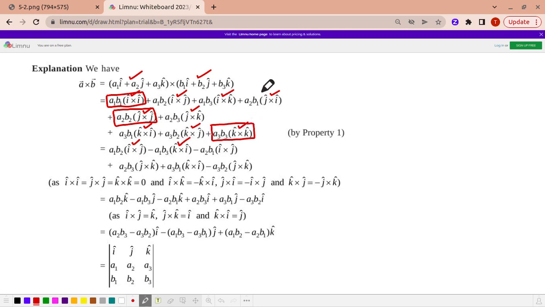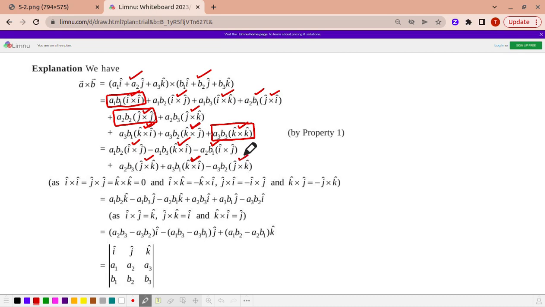Similarly, a2 b1 into j cap cross i cap, we can write as minus a2 b1 into i cap cross j cap, plus a2 b3 as it is, j cap cross k cap, plus a3 b1 k cap cross i cap, whatever it is there, we are writing it here.